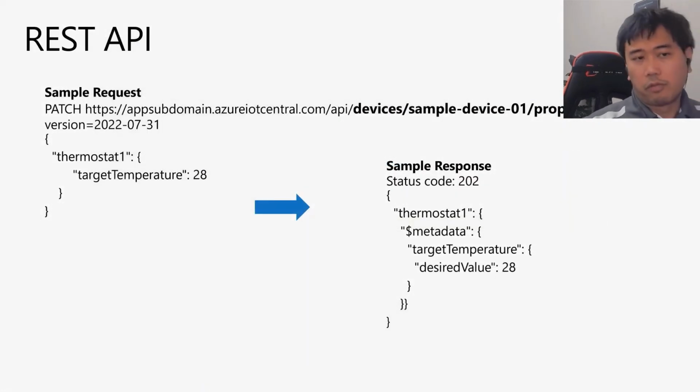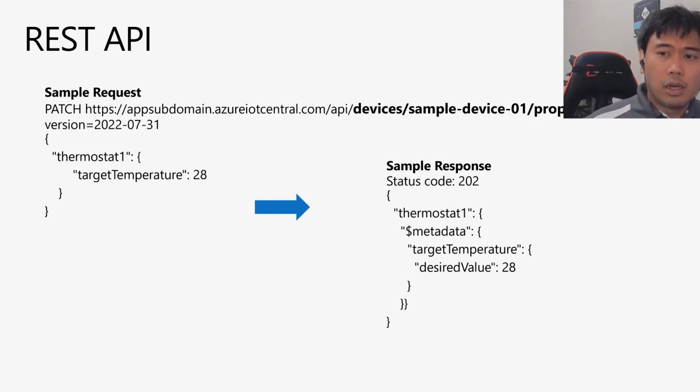One good example is a patch. You send this and specify /API/devices/sample device, which is the device I'm communicating with. I want to change the property of that device. Of course, the API is also versioned, so that they can have changes from one API version to another.